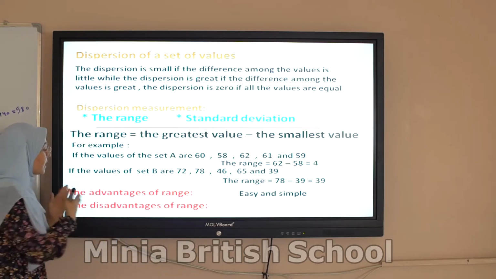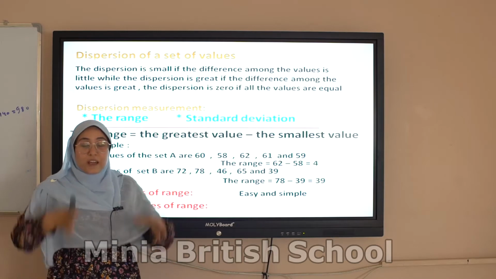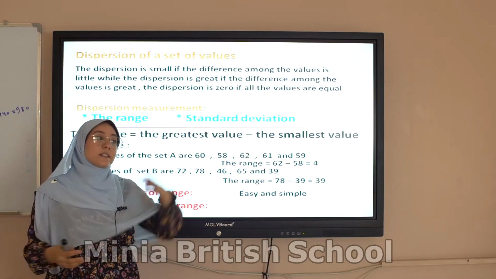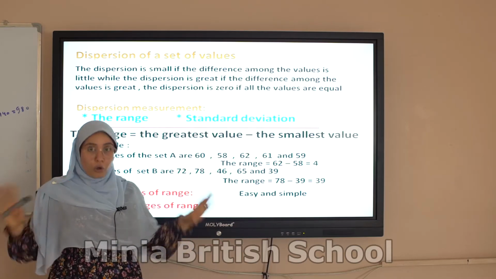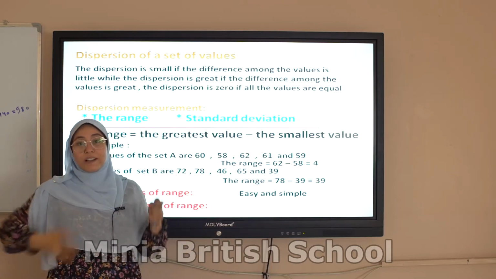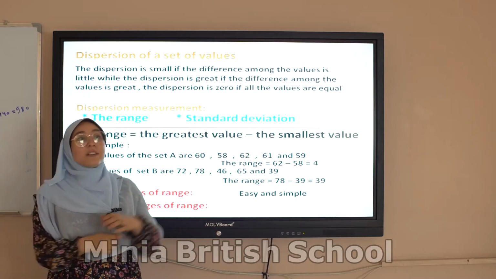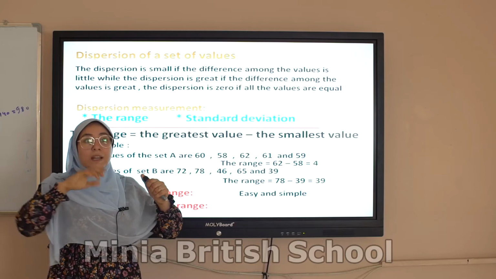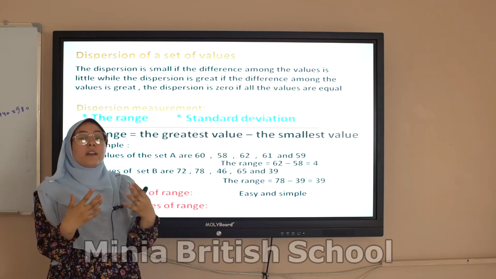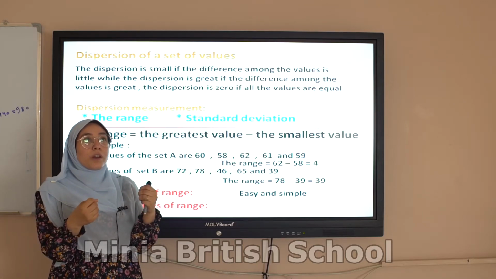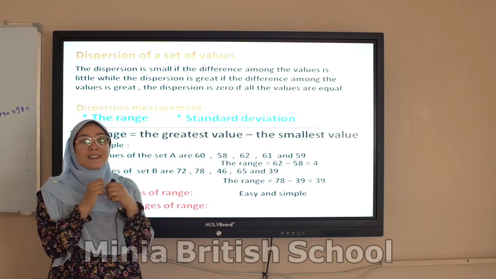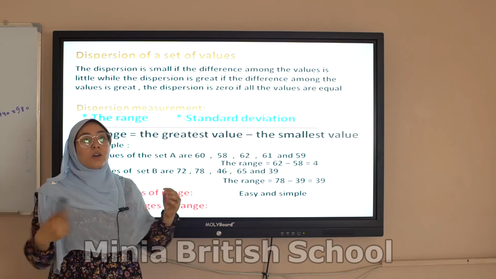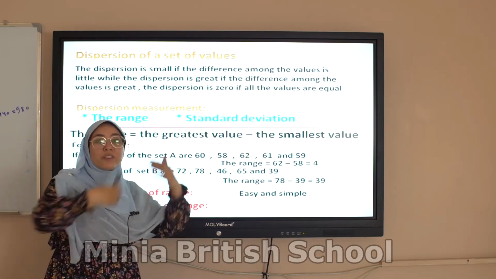But the disadvantages of range: the range is dependent on the greatest value and the smallest value only, dependent on two values, the smallest value and the greatest value only, and therefore the range doesn't give a full idea about the dispersion of the remaining values.